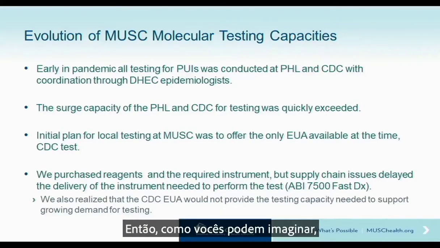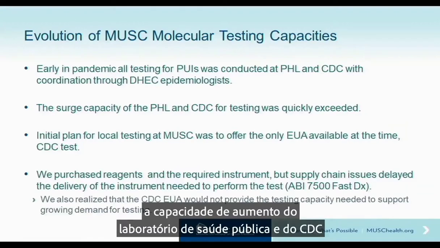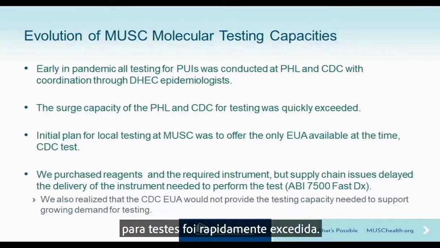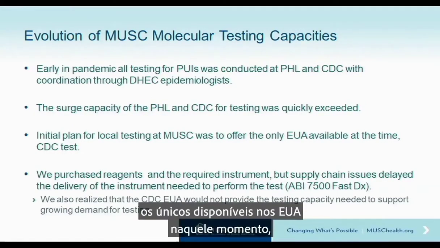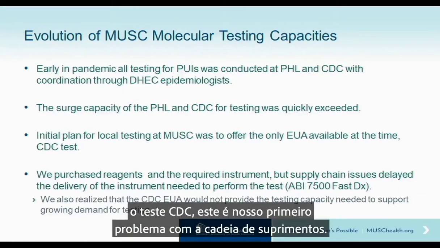As you might imagine, the surge capacity of the public health lab and the CDC for testing was quickly exceeded. Our initial plan here at MUSC was to offer the only EUA available at the time, the CDC test.